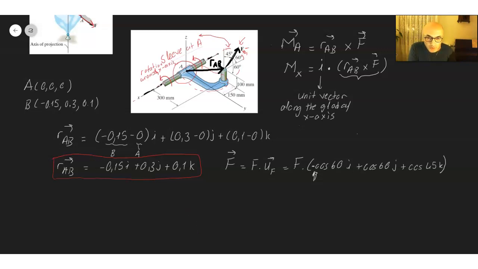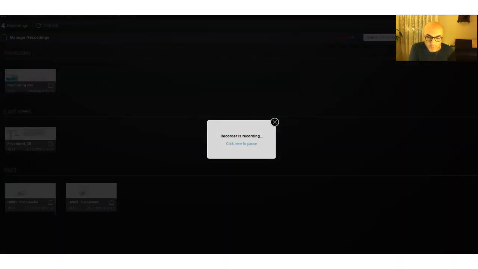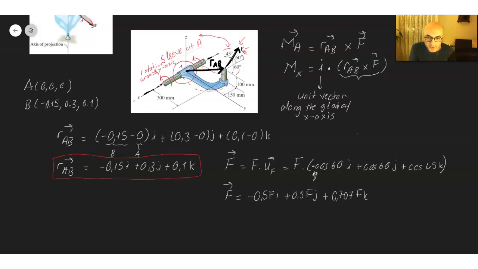So if you calculate that, I can finally write minus 0.5 F i plus 0.5 F j and plus cosine 45, 0.707 F k. Okay, so this is my force vector here.